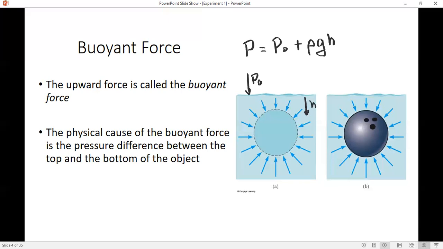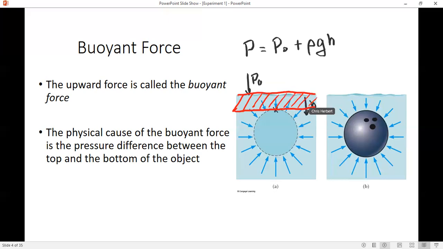So for instance, at the very top surface of this object, in this case, we submerged a bowling ball, we can imagine that it is being pushed harder than just the pressure of the atmosphere, due to the weight of the overlying fluid above it.